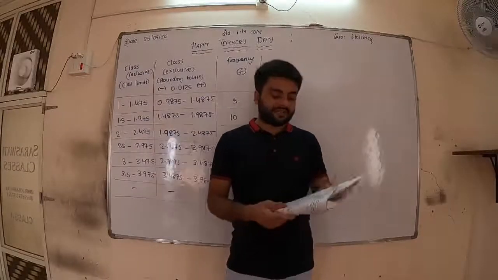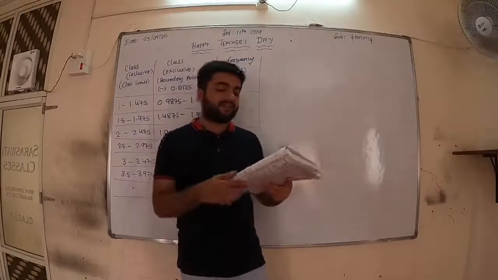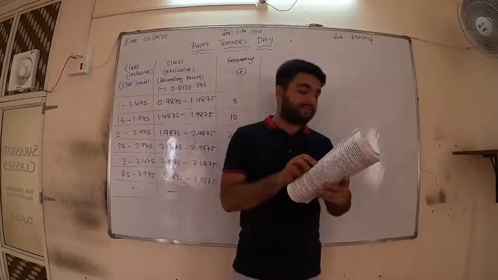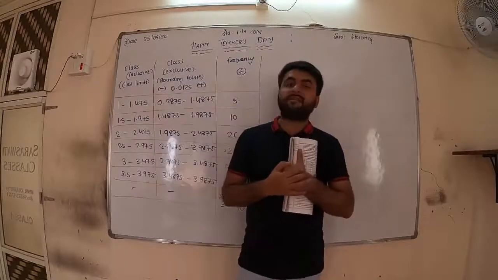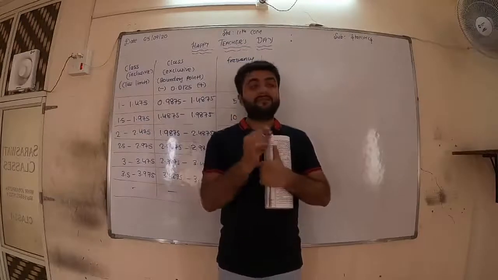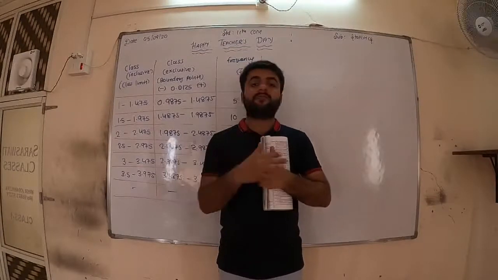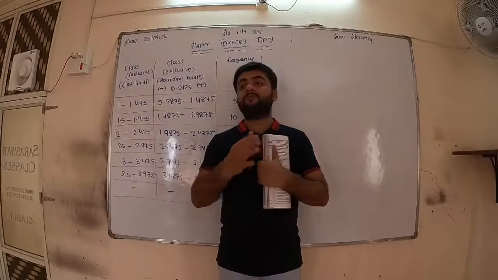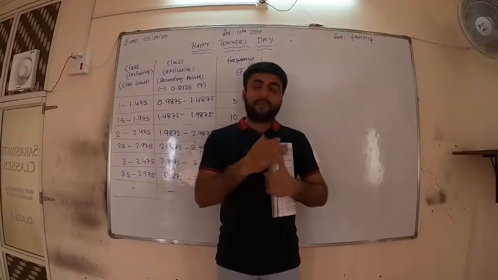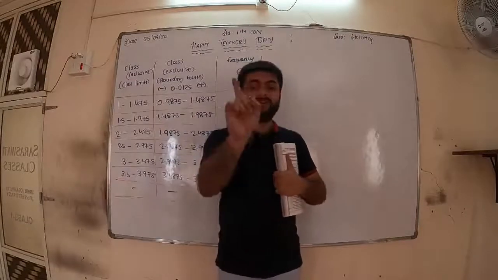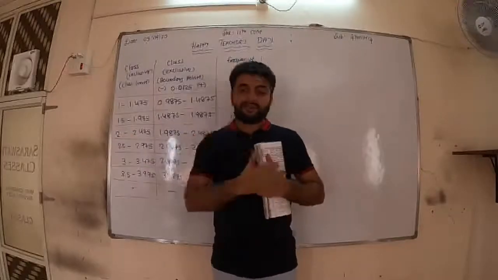Now manifold classification on page number 38. A classification of raw data carried out by considering more than one attribute of units under study is called manifold classification. So simply, friends, what you will understand is that if it is a single attribute, you are distributing the employees according to their designation only, so it is simple.